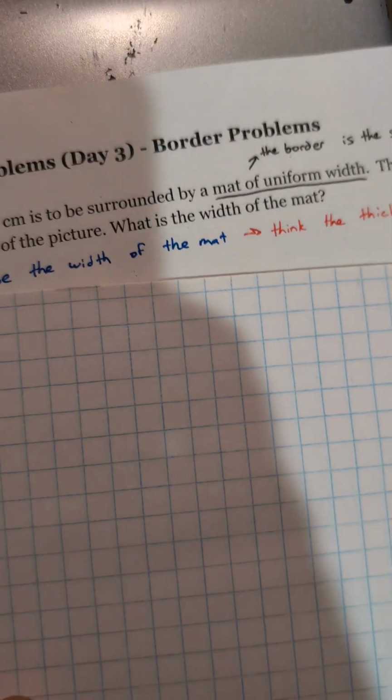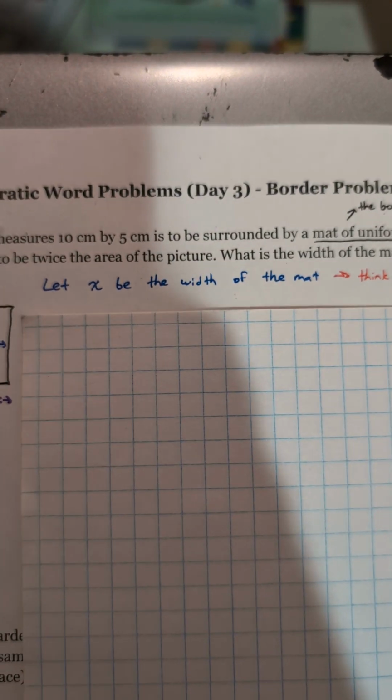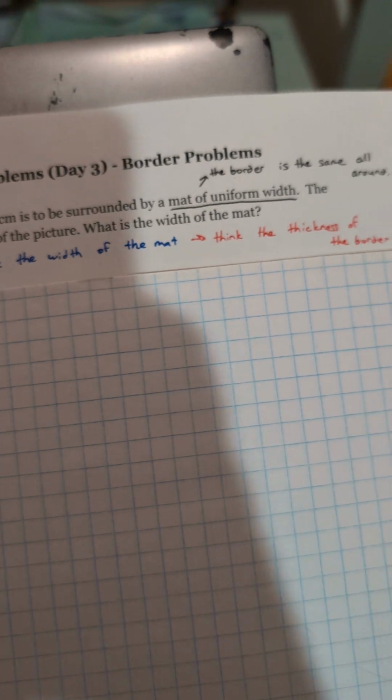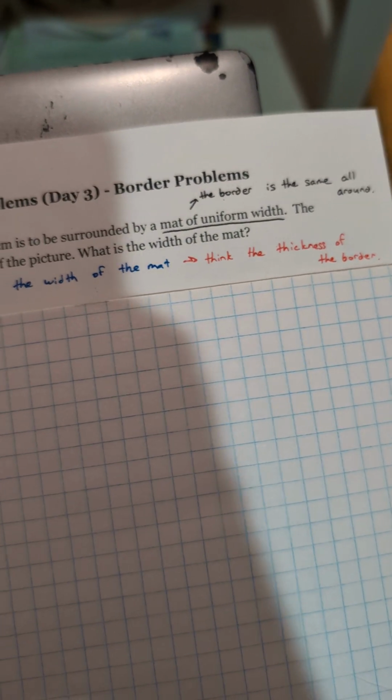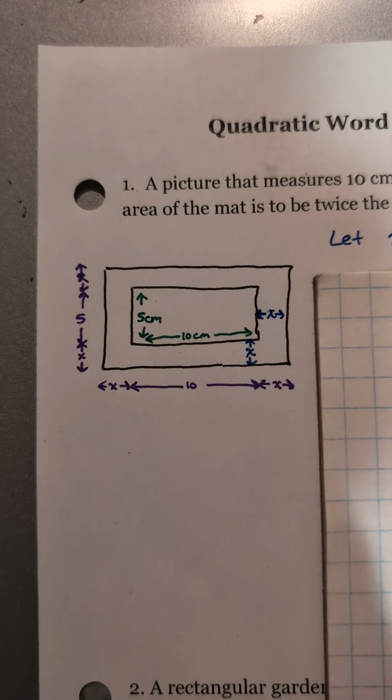I drew out a little diagram here. If we say that X is the width of the mat, the thickness of the border, we could draw something that looks like this.